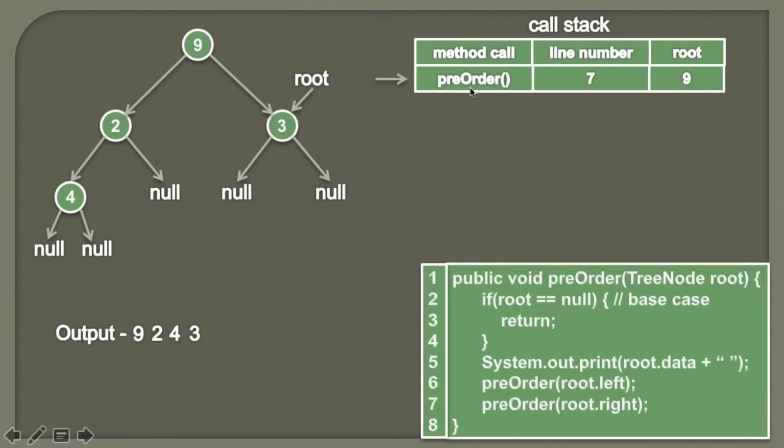The point at which we had left this pre-order was line number 7, so the execution point will start from line number 7. We also know that at that moment the root was 9, so now the root will point to 9. And finally we are done with this pre-order, therefore this method will be removed from the stack.